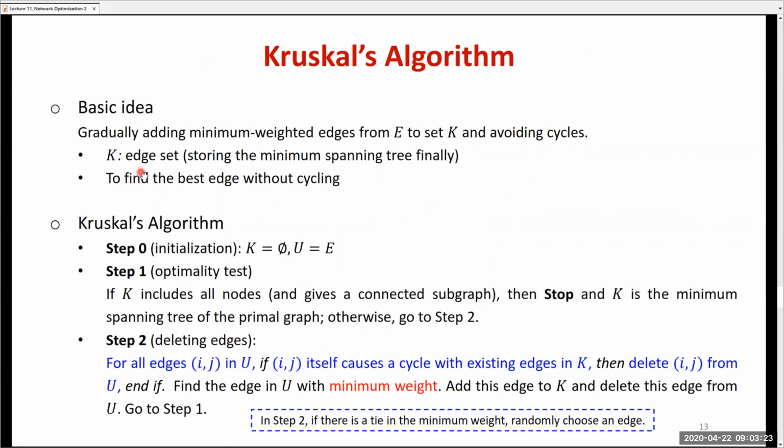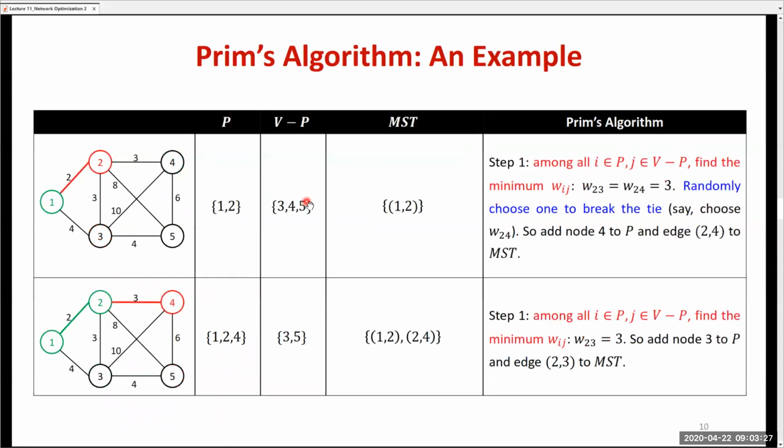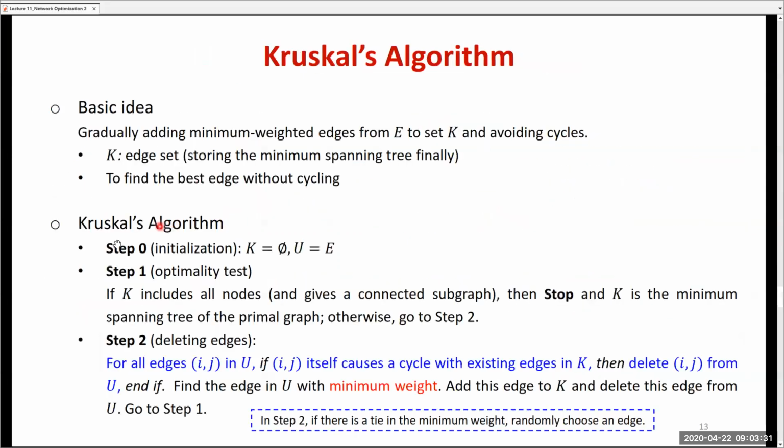Here, K is going to be the edge set because of Kruskal, so we use K, and the previous one, because it's Prim, we use P. That's the reason. K will store edges, and finally, it's going to store the minimum spanning tree. And the thing is, we're going to find the best edge without any cycling.